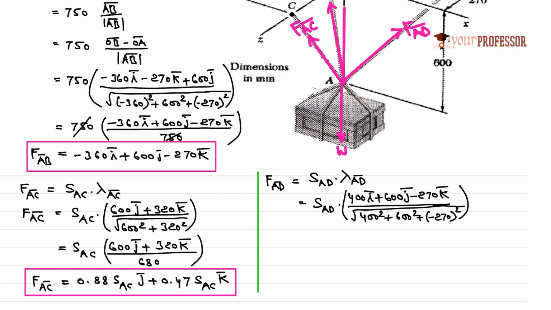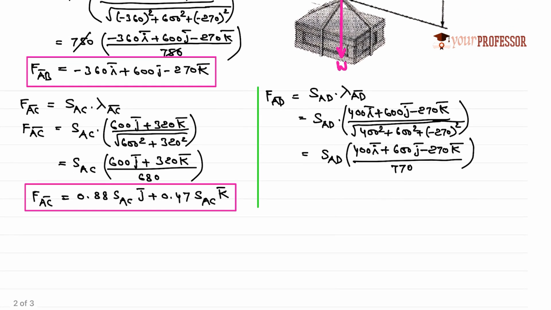So let's simplify this one. So it is nothing but SAD multiplied by, let's rewrite the vector, 400 I bar plus 600 J bar minus 270 K bar. If you simplify this one, you will get a value of 770.